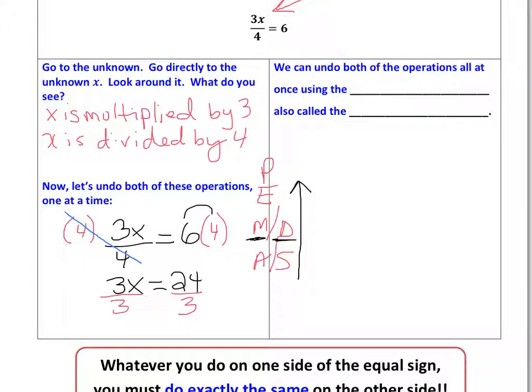We're going to divide out that 3. Of course, 3 divided by itself reduces to 1. And x equals 8. So that's why I said earlier that really when we solve equations where the coefficient is a fraction, it's actually a two-step. We just undid division and we undid multiplication.